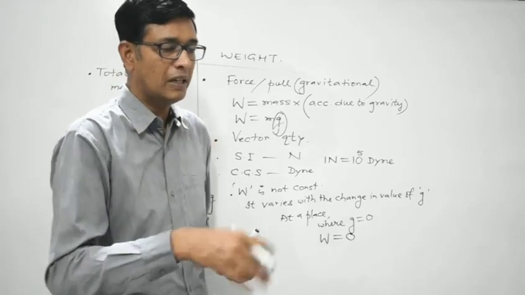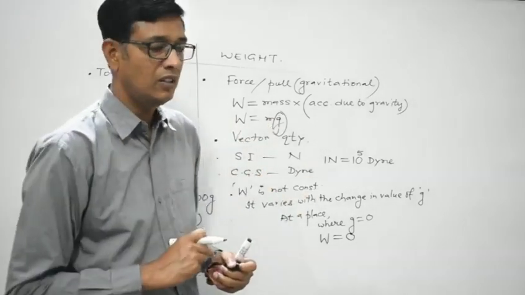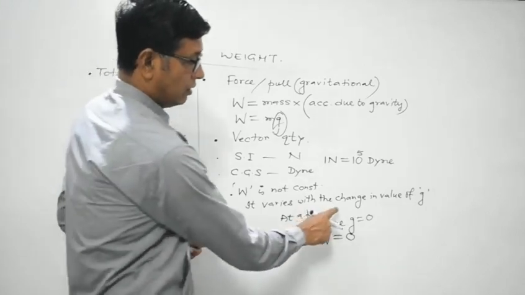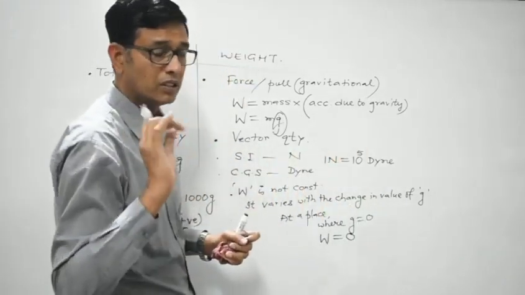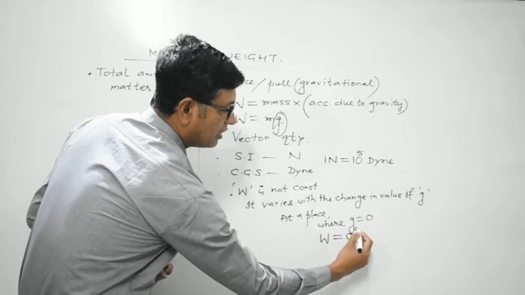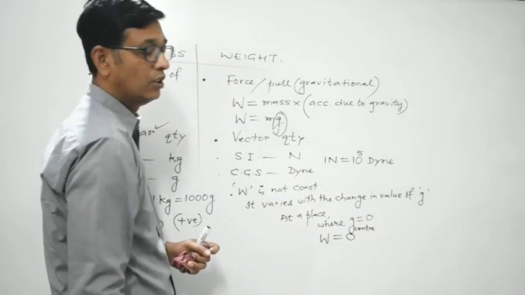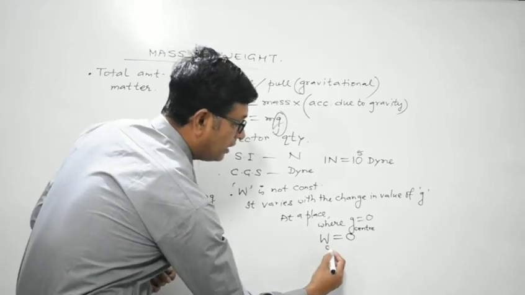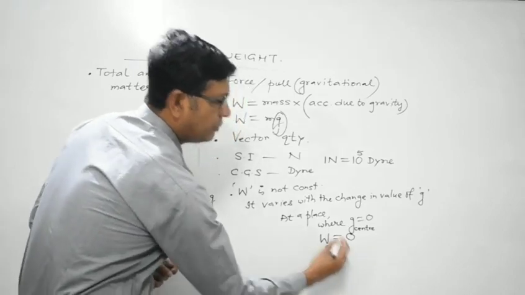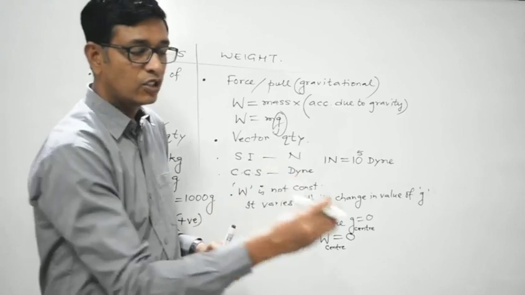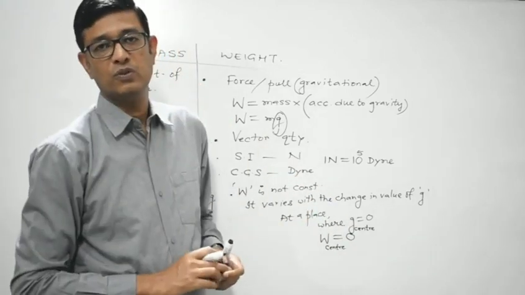We will mathematically verify this fact as well, but for now, just remember this. The acceleration due to gravity at the center of the earth is 0. So the weight of any body at the center of the earth will also be 0.